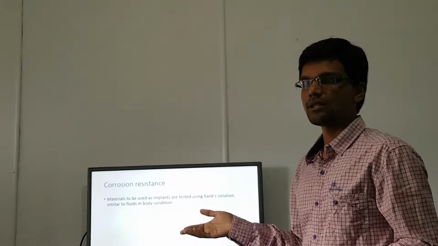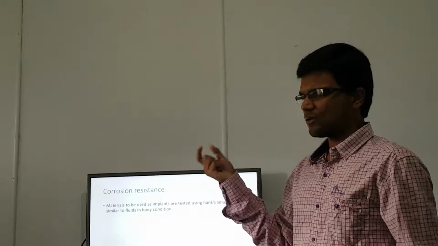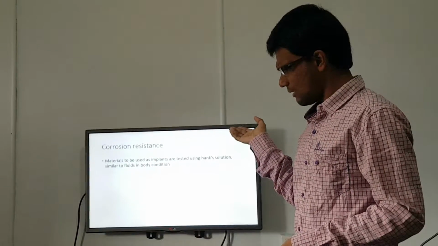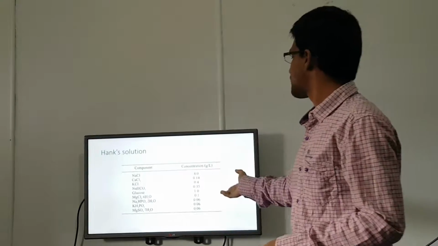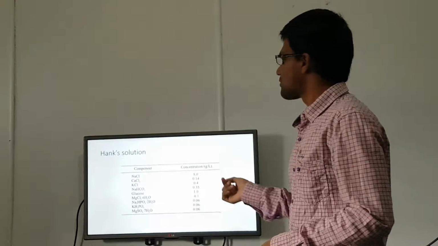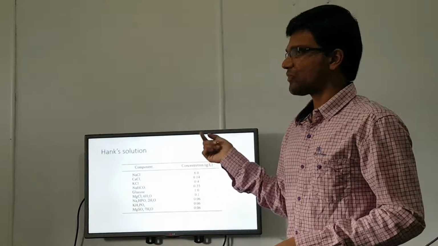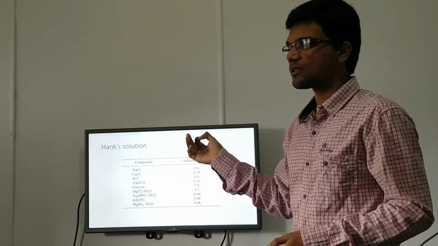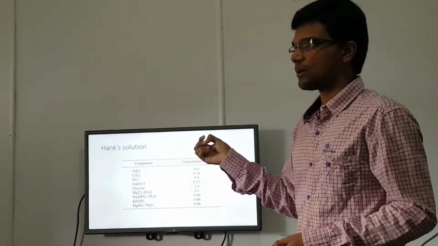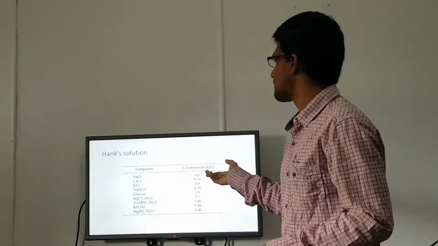The Hank solution is nothing but a solution mimicking the contents of the living body. So these are the contents of a Hank solution. When a material is tested in the Hank solution, it shows how much resistance to corrosion or wear or any other factor it can withstand.